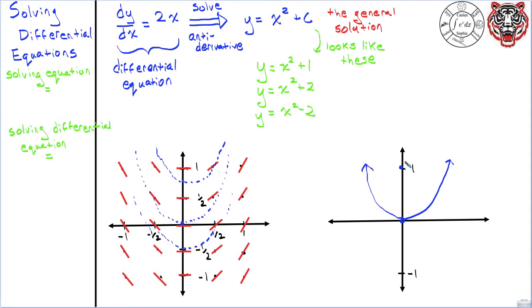Say you started here, we'll say that was your y equals x squared plus 1. We just added 1, and then your parabola would come out like this. And what if you had your y-intercept down here? This would be y equals x squared minus 1. It would still come up like this, still come up like this. So those are your different representations. Usually this is the one that you're going to see on the AP exam.